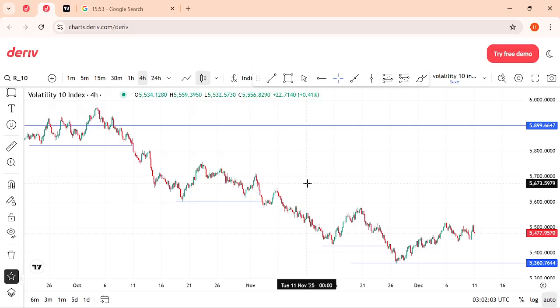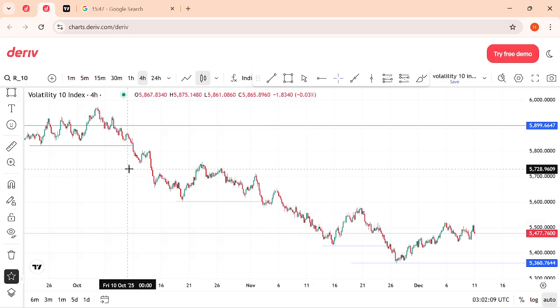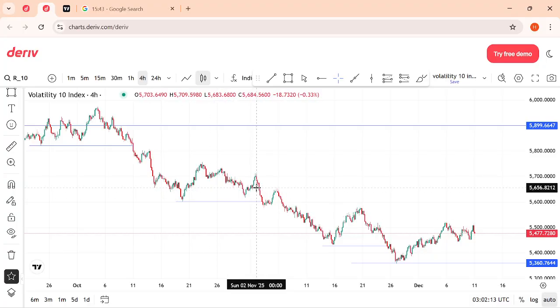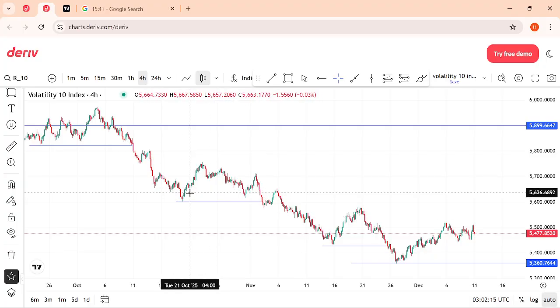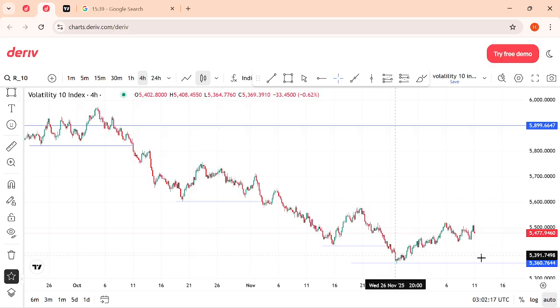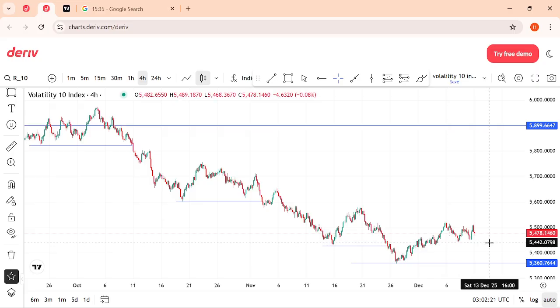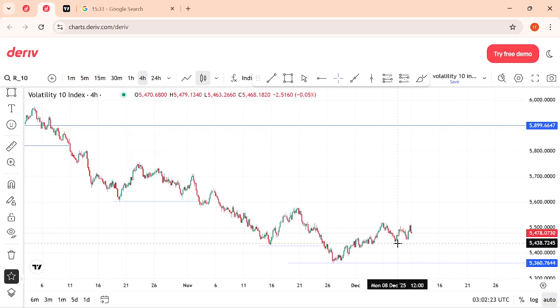So all of these layers of break of structures properly mapped out. I don't want to mark the smaller break of structures, even if they are still important. I just want us to concentrate on what is going on here, which is something interesting.